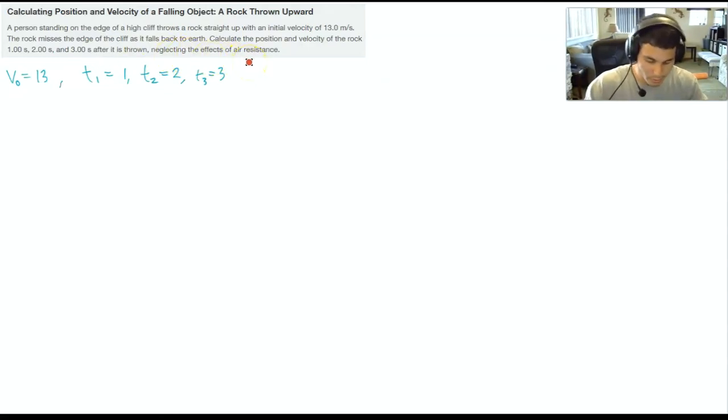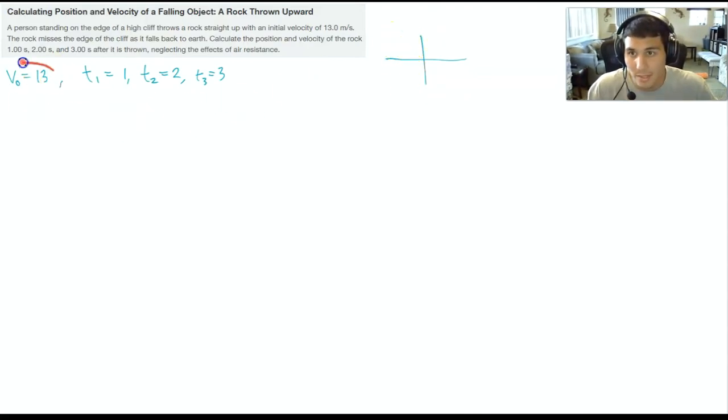Now, before we start this problem, this is going to be the most important thing you actually do. Do we define our coordinate system as positive up or positive down? Now, you could pick either.